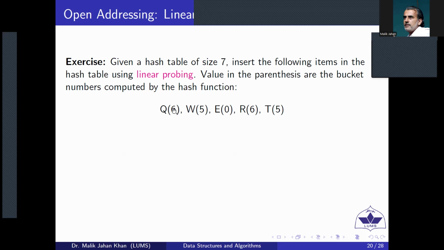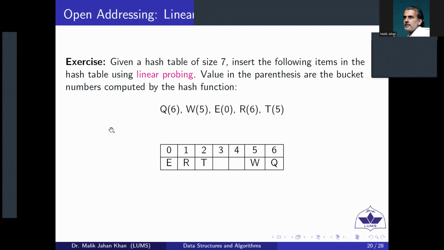The maximum index value here is 6, the smallest is 0, so we can safely create a hash table from 0 to 6 and place all these values at their respective indexes: Q goes to 6, W goes to 5, E goes to 0, R has to go to 6, but R collides with Q.